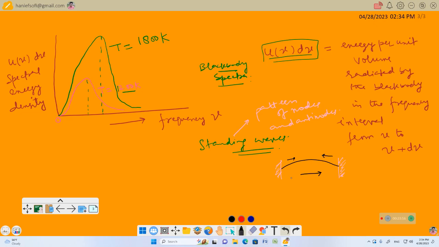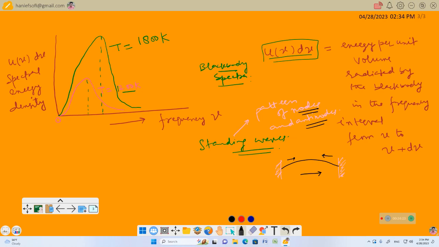What is a standing wave pattern? In the medium, there are certain points which are called nodes, which are at rest always. And there are other points in the medium which oscillate with maximum amplitude. They are called antinodes. Now, the pattern of nodes and antinodes is called a standing wave.